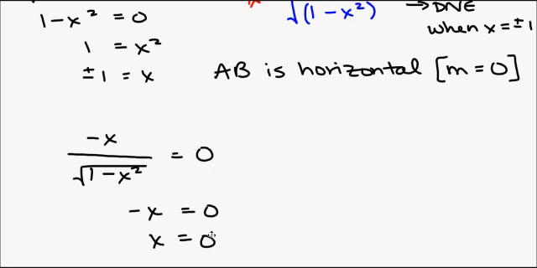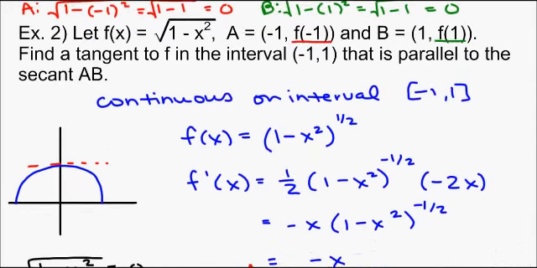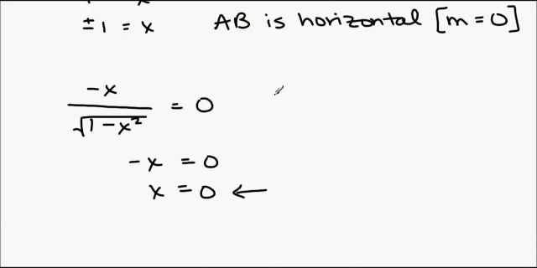So if we're trying to find the equation of the tangent line that passes through x equals 0 with slope of 0, let's find the y coordinate that goes with that. So let's plug this into the original function. f of 0 is the square root of 1 minus 0 squared, and that's going to go away.